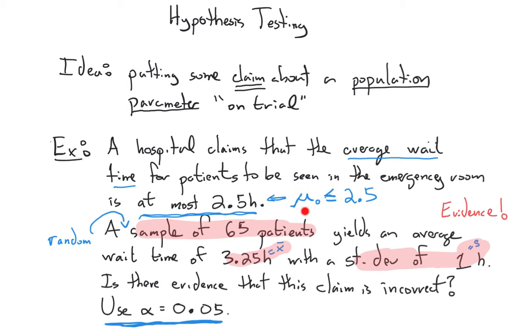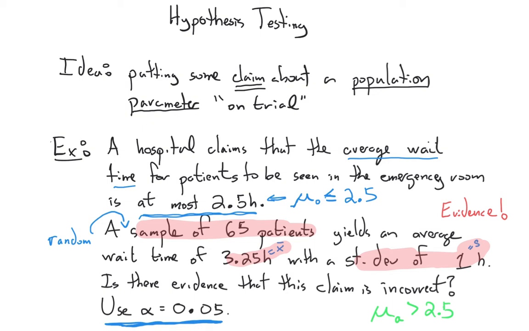And if we convict, it means that this claim, this null hypothesis, is incorrect. If we find the null hypothesis guilty, we're saying that it's the opposite of this. It's not less than or equal to 2.5. It must be the opposite. We call it the alternative hypothesis. We'll call it mu A for alternative hypothesis. So the actual mean is greater than 2.5 hours.